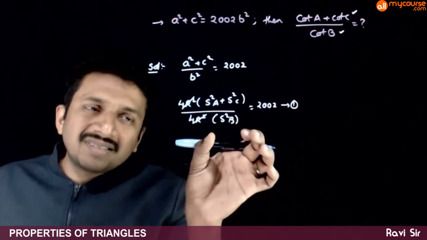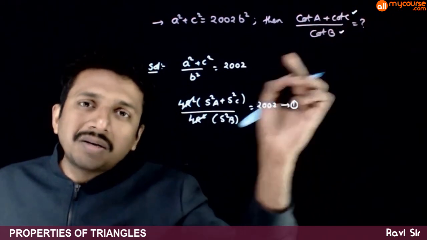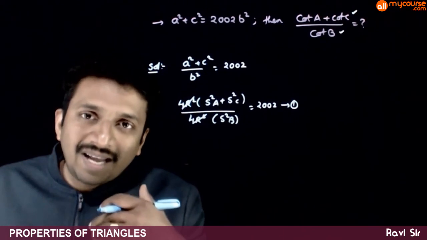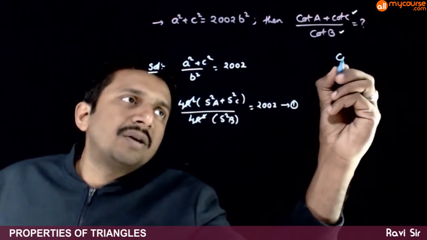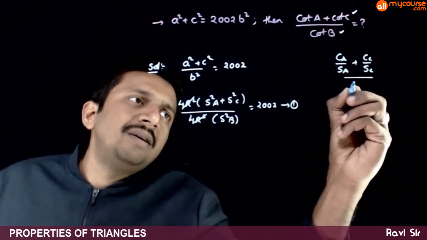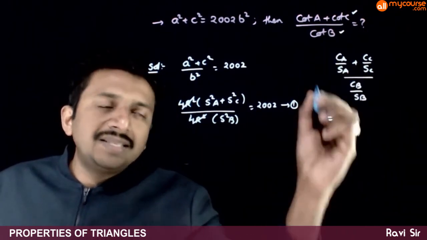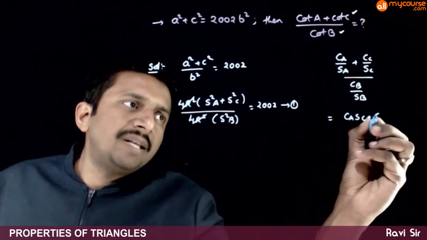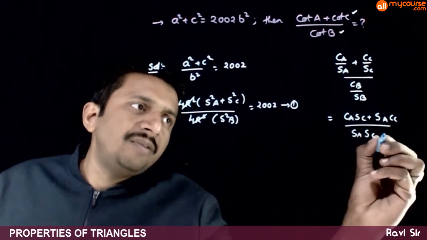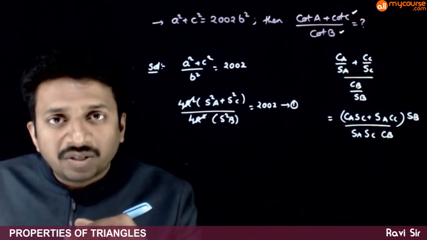So now how does this relate to our given question? Let us try to convert cots into sines and cosines, because I don't have any formula for direct cot. So this is cos A by sine A plus cos C by sine C, by cos B by sine B. If you take the LCM here, it is (cos A sine C plus sine A cos C) divided by sine A sine C times cos B divided by sine B. This is how the expression simplifies.